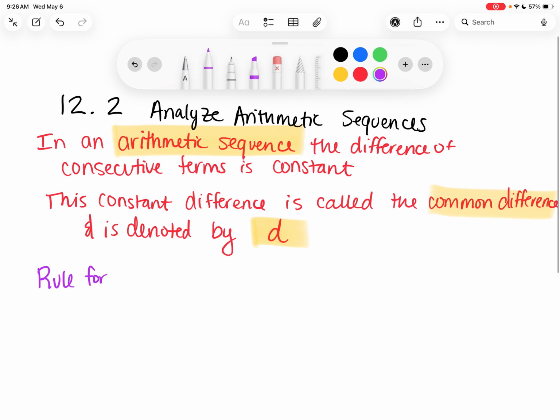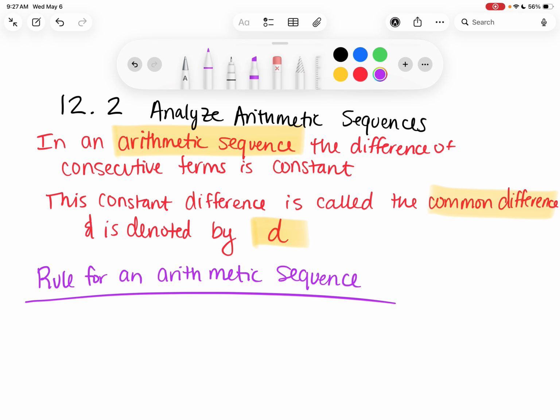The rule for an arithmetic sequence, and there's a couple different ways we can write this rule, but this is the one that we're going to use for this class, and next year you'll learn one of the other options as well.